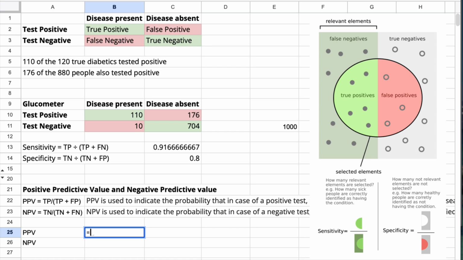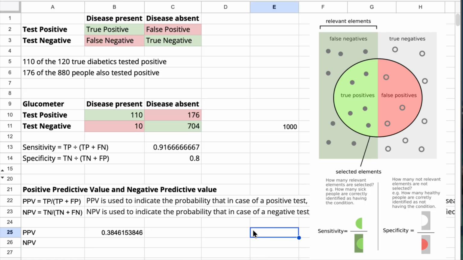Well, the positive predictive value is calculated by taking the true positives, those are these 110, divided by the true positives, the 110, plus the false positives, my bad, right there. I've got to get the false positives, these.